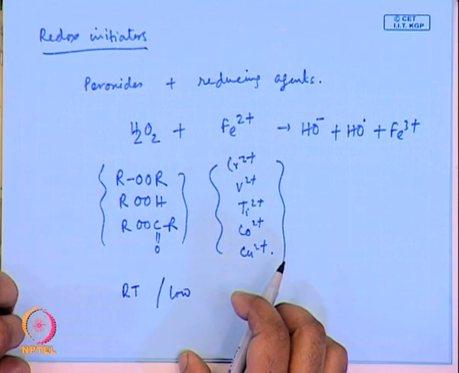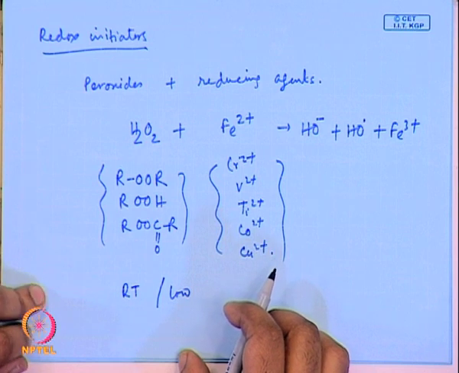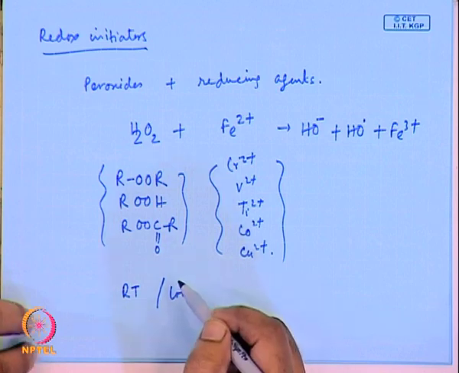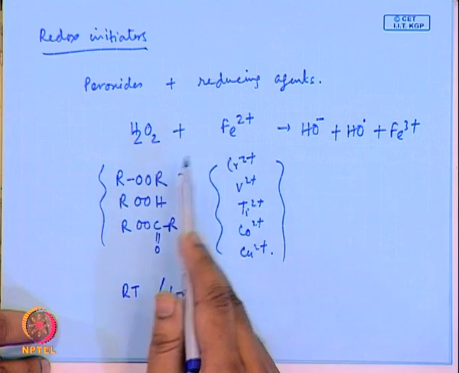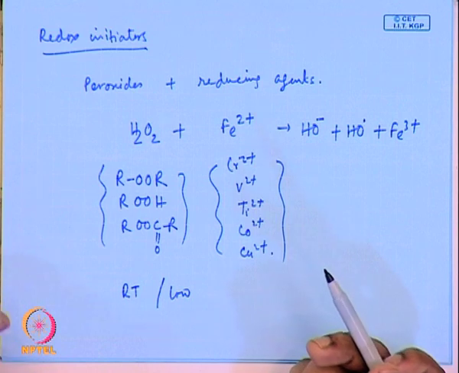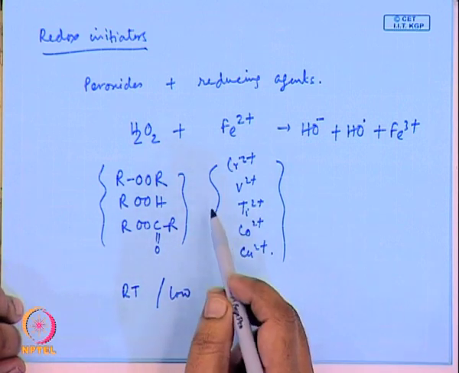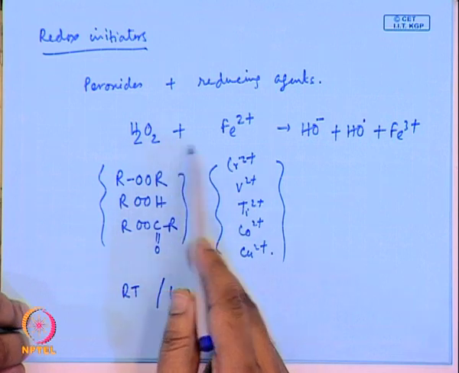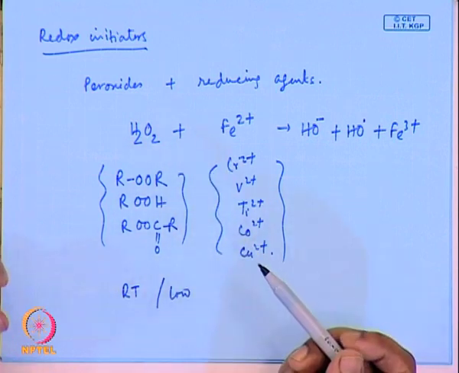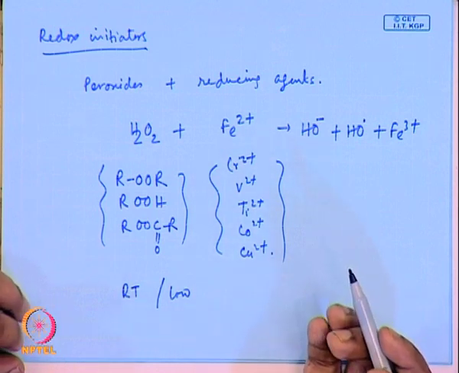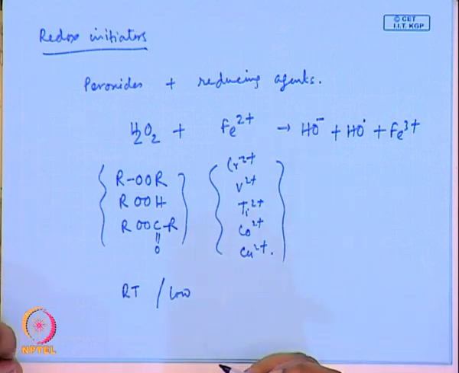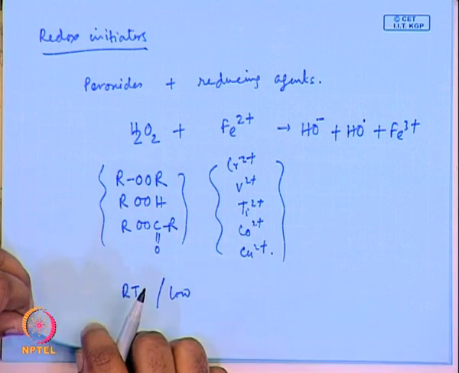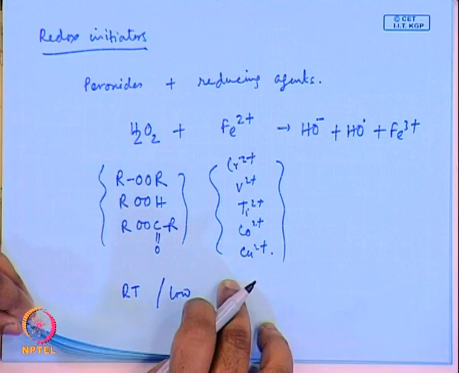If you want to do a reaction at low temperature for whatever reason, this is the initiator system you can apply, and as these things are soluble in aqueous medium, you can carry out aqueous radical polymerization using a redox initiator like this, or even radical polymerization in emulsions.